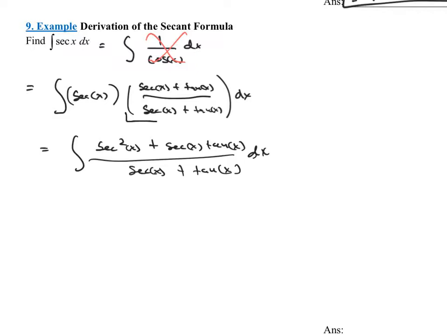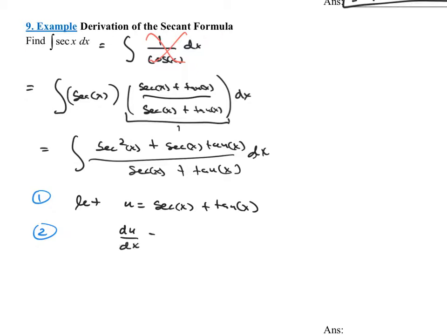Remember, this whole thing right here is just the number 1. That's all it is. We just multiplied by this very, very clever 1. So step 1, let's let u equal the denominator. So we're going to let u equal secant x plus tangent of x. Step 2, let's take the derivative of both sides. So that'd be du/dx equals, well, the derivative of secant x is secant x tangent x, and the derivative of tangent x is secant squared of x.